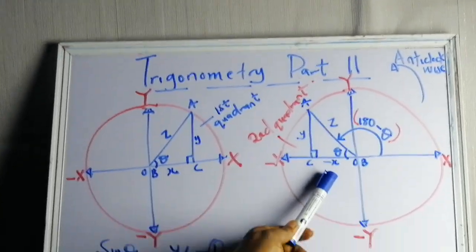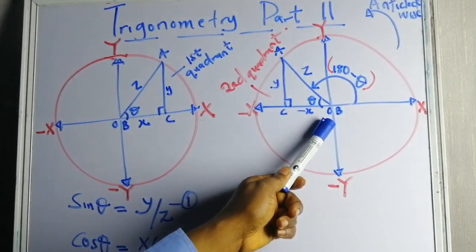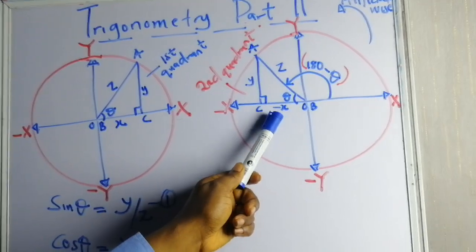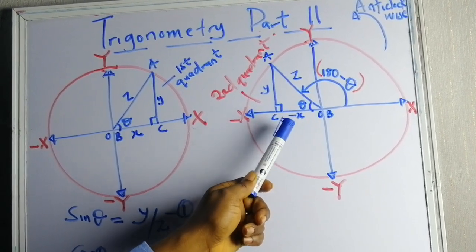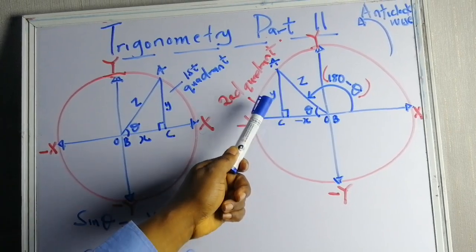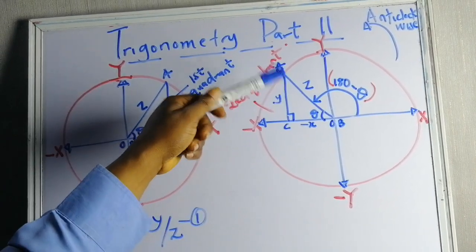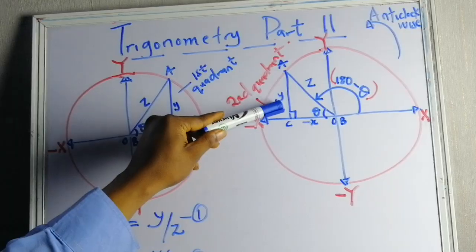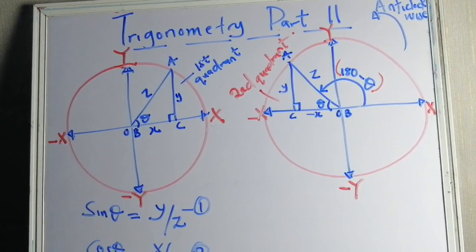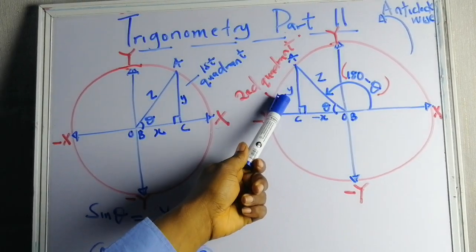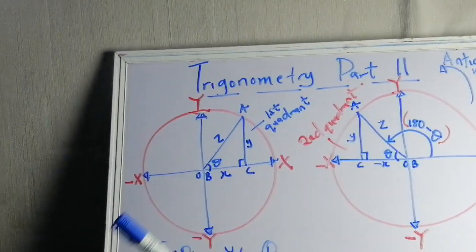You have your negative x here because it's below 0. This diagram is below 0. Look at the horizontal, it is below 0. That's why you're having negative x. But here is still within positive y. That is why you have your y as is. Of course you still have your z.